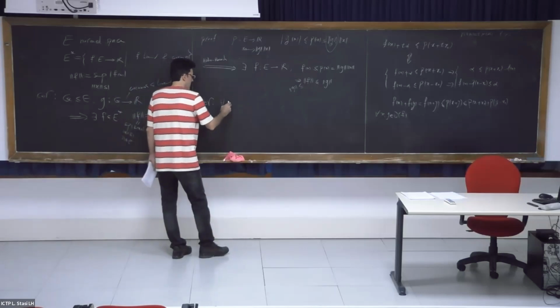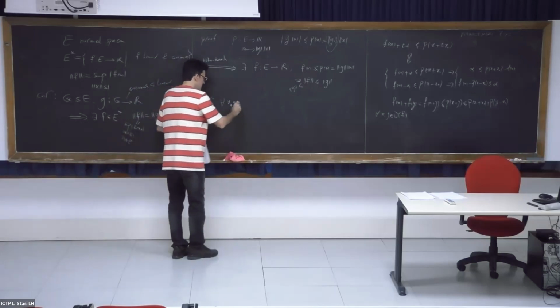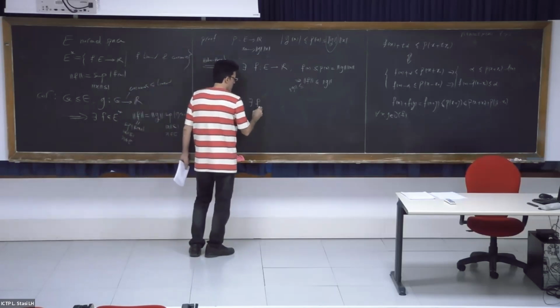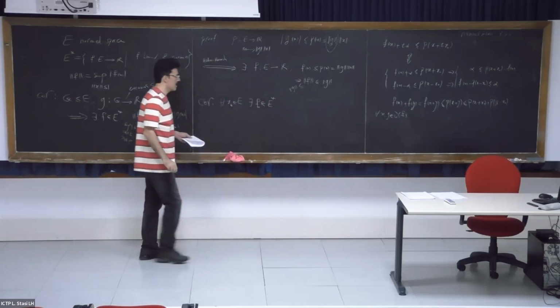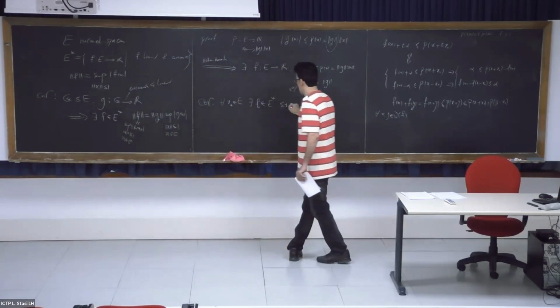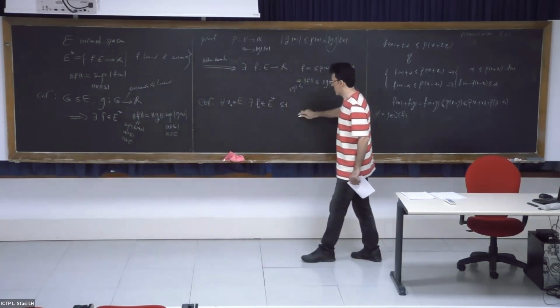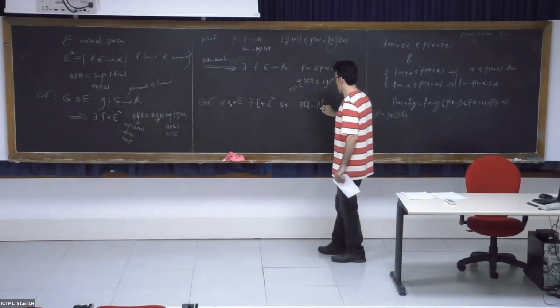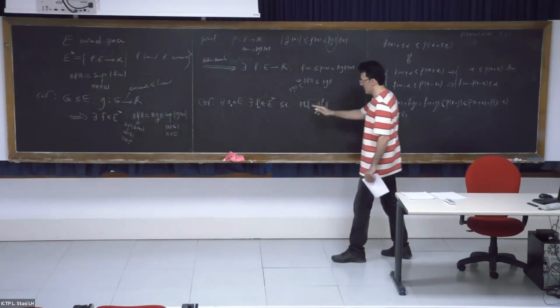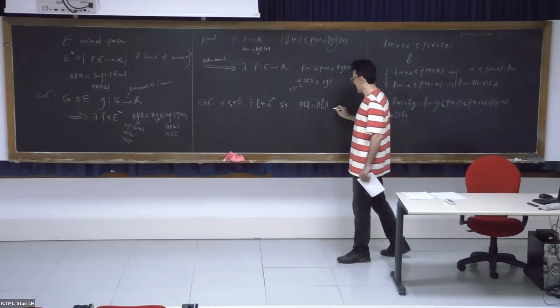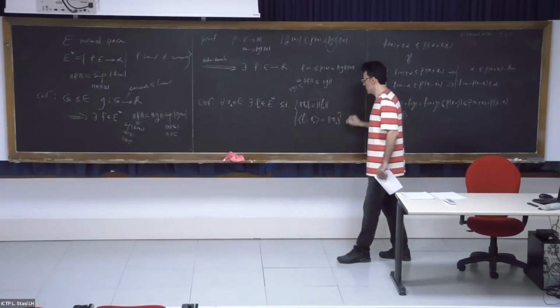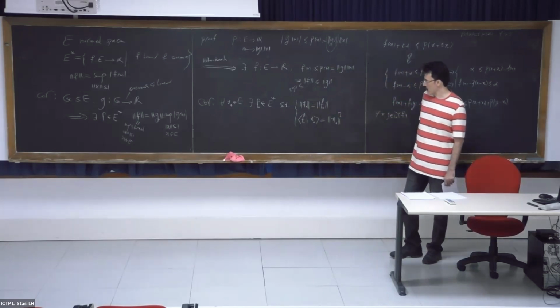For any x0 in E, there exists f0 in E star with this property: the norm of f0 equals the norm of x0, and f0 of x0 is the norm of x0 to the power of 2.